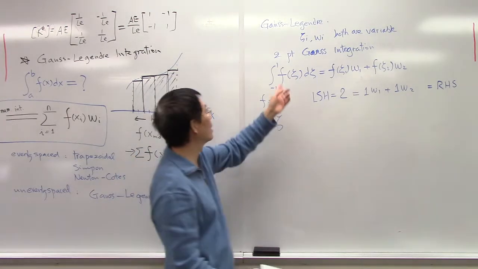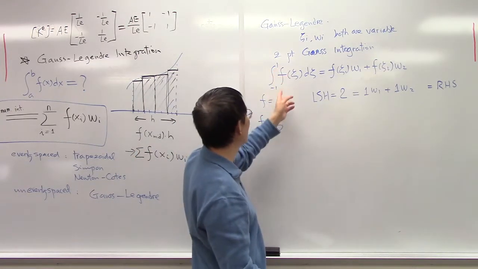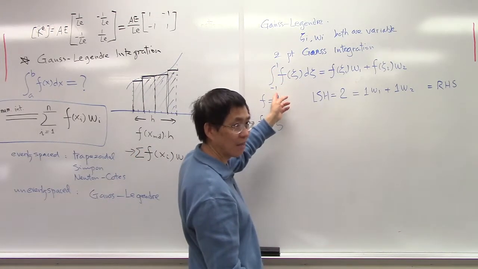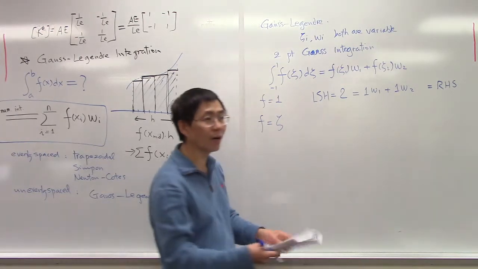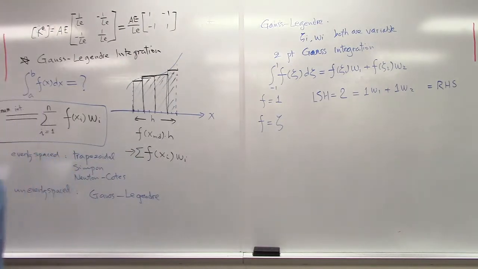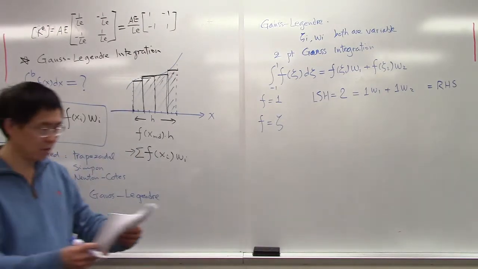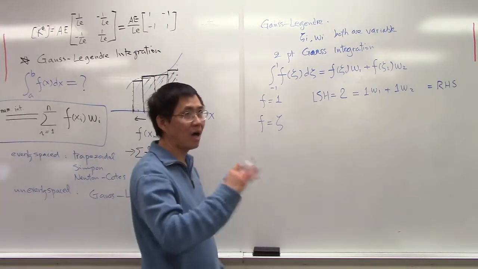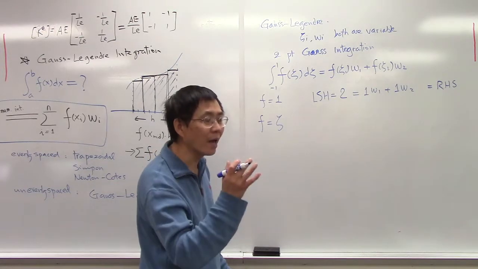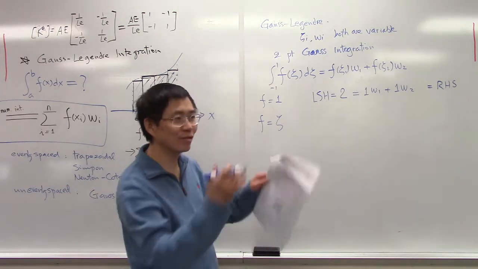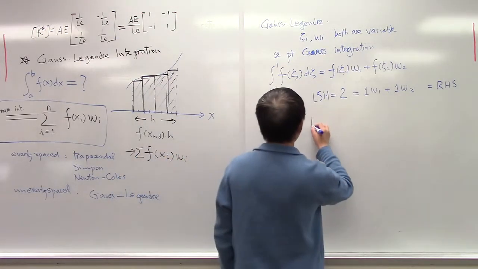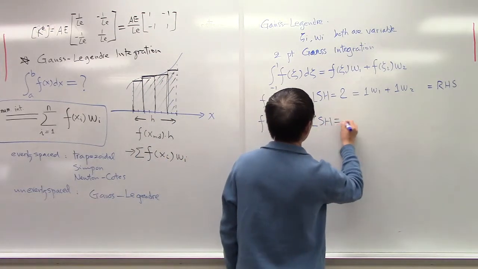Half theta square, and then you put the limit 1 and then minus the limit at -1. Oh no, half theta square. So it's symmetric. The left-hand side is equal to 0.